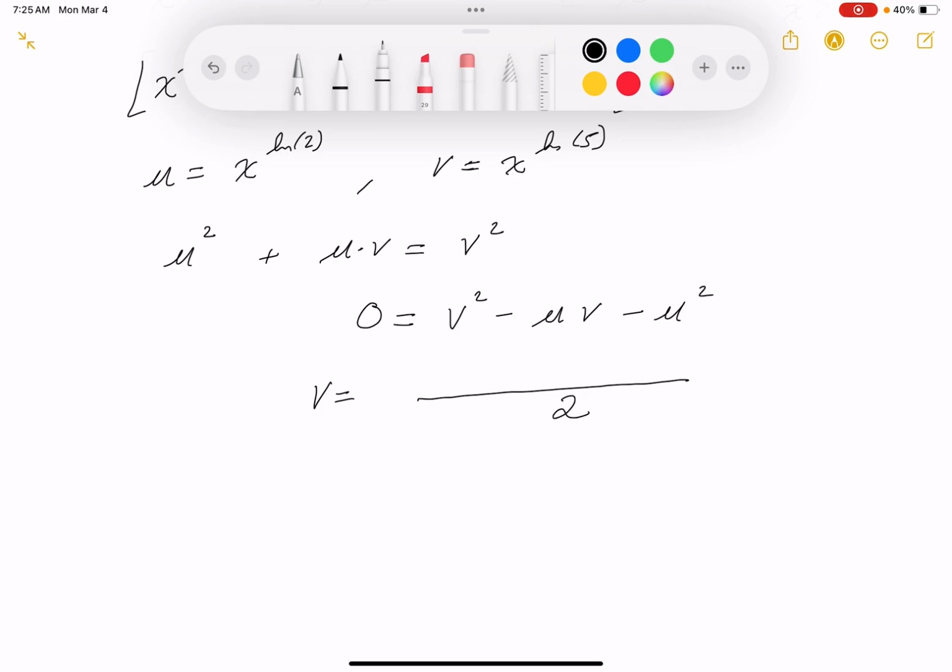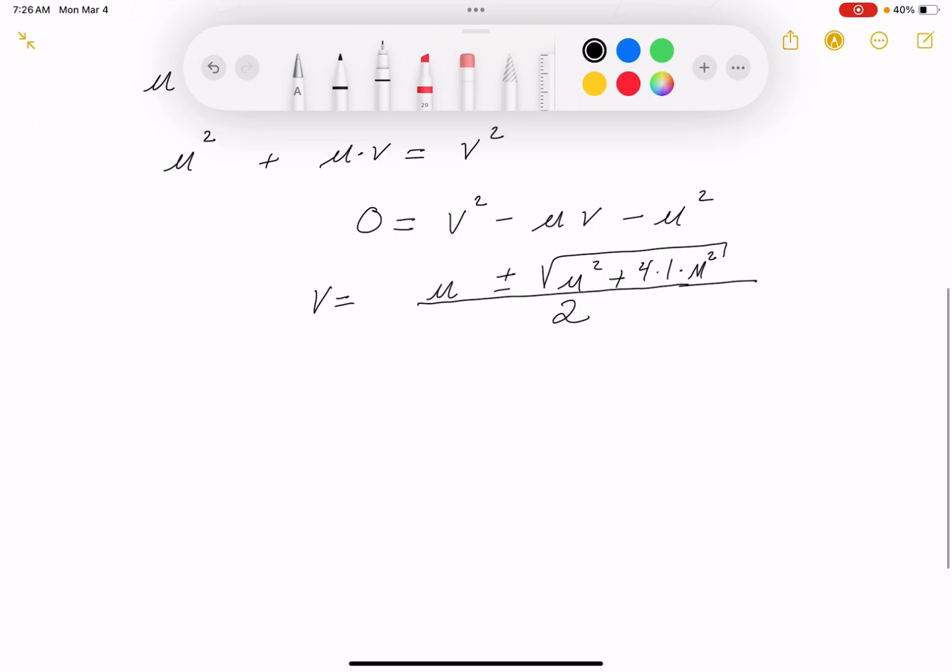Then it's the opposite of the coefficient on that linear v term, that's minus a minus u, which is just u, plus or minus the square root of the coefficient on v, which is minus u, squared, giving u squared. And then minus 4 times the coefficient on the v squared, which is 1, times the constant term, which is simply minus u squared, so this is plus u squared.